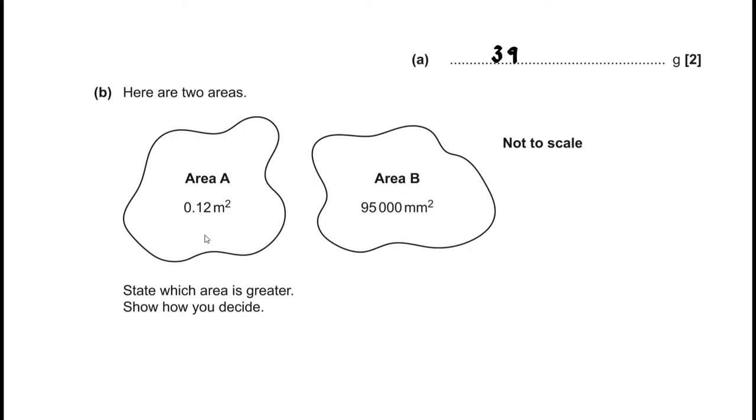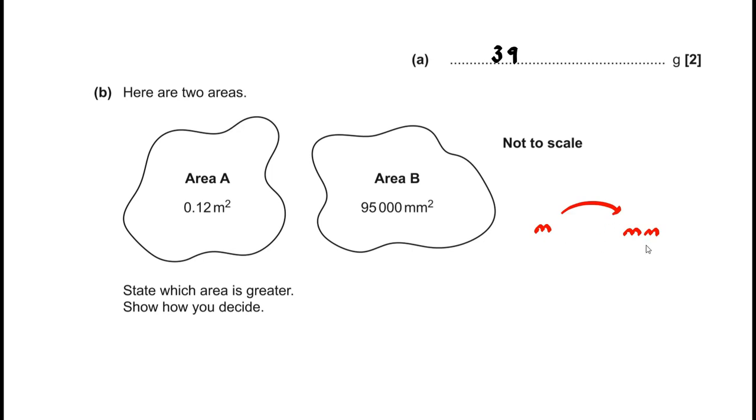Part B, here are two areas. Area A, we've got 0.12 meters squared. Area B, we've got 95,000 millimeters squared. Which area is greater? Show how you decide. What we need to do is convert between the units. Now, we've got meters and we've also got millimeters.